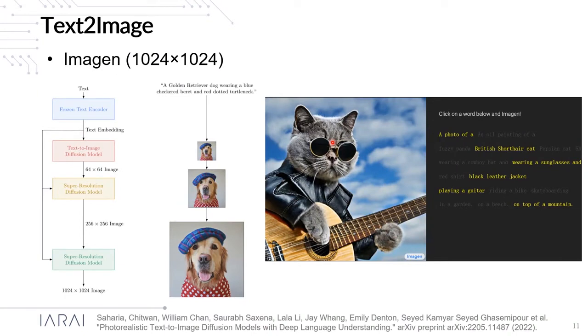Another interesting work is Imagen from Google Brain, which is also based on the diffusion model. You can see the generation quality is really high here.